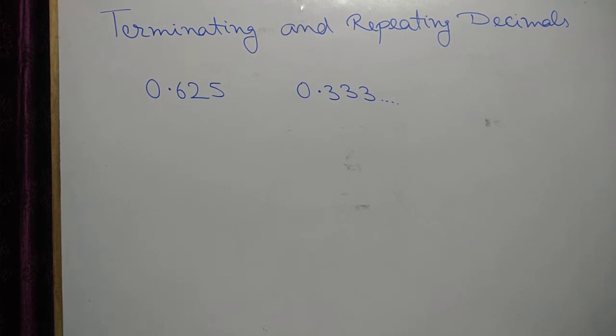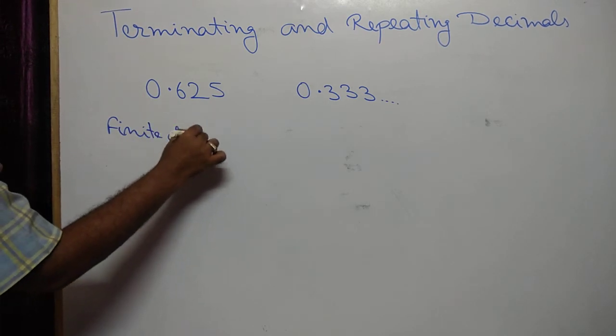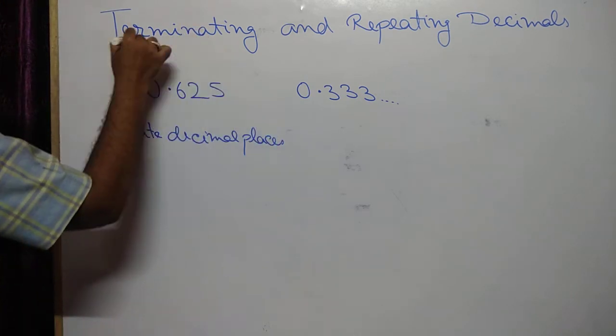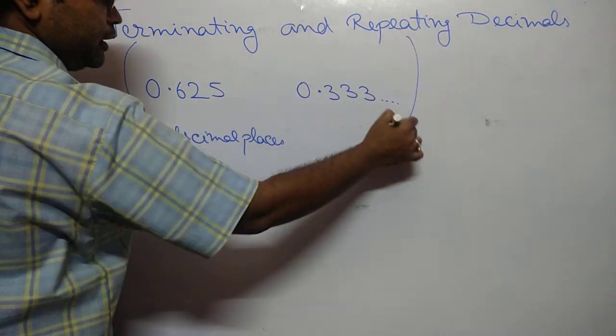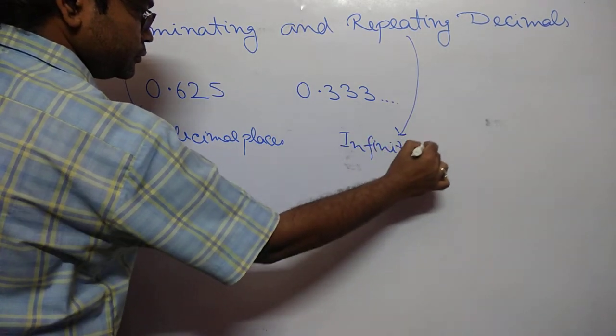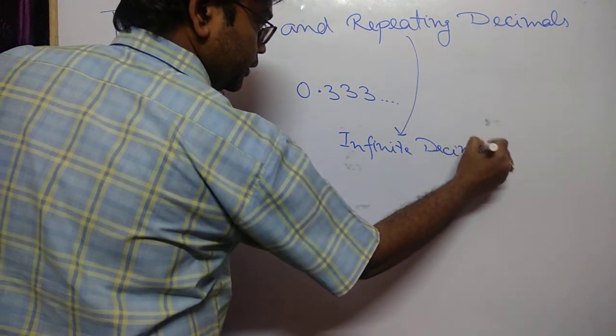As I told you, in case of a terminating decimal, the decimal has finite decimal places, but in case of a repeating decimal, it has infinite decimal places.